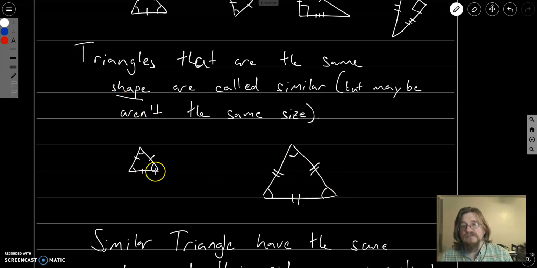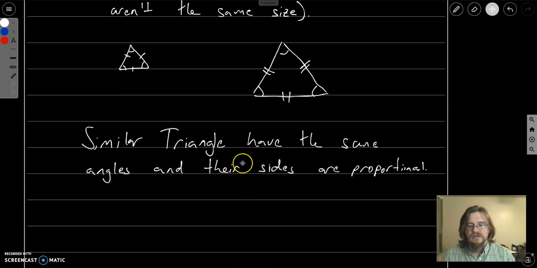All 3 angles over here are 60, and all 3 angles over here are 60, but they aren't quite the same size. And what's nice about this is, as long as all of the angles are the same, their side lengths are going to form perfect ratios with one another. So their sides are going to be proportional, and we can exploit this to learn about similar triangles.